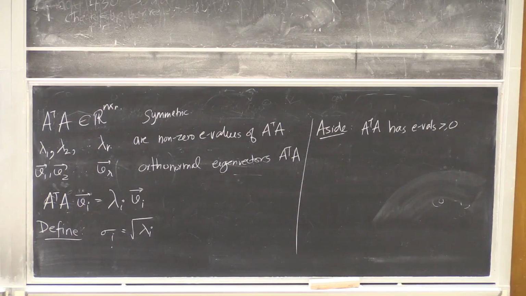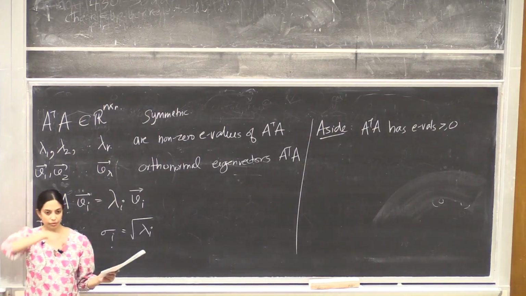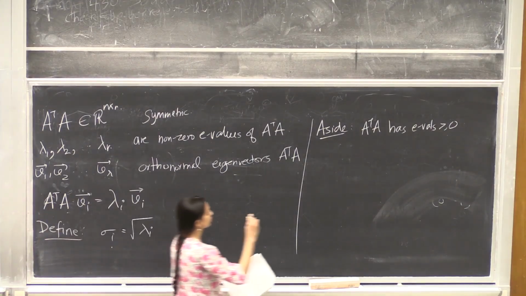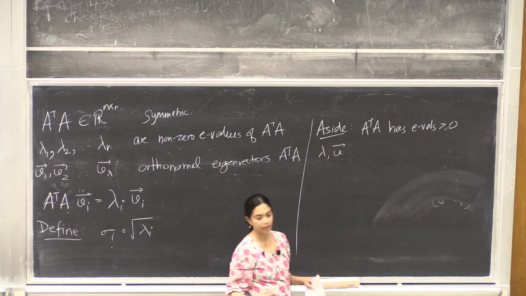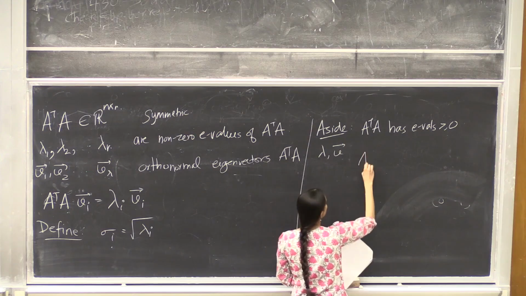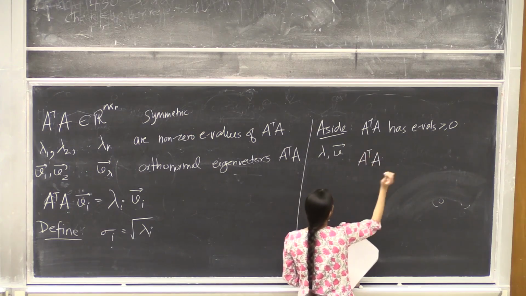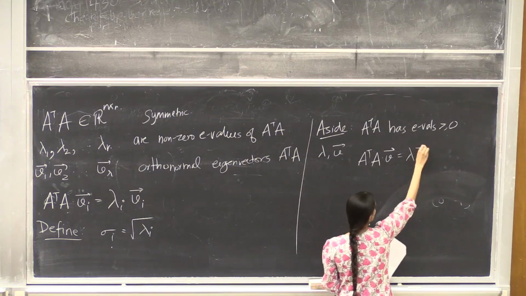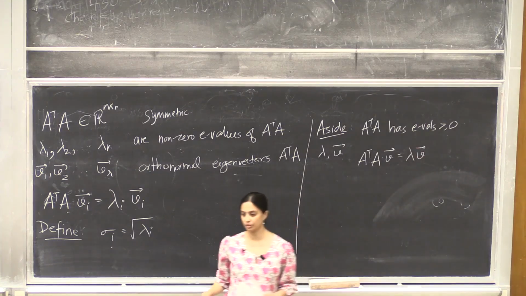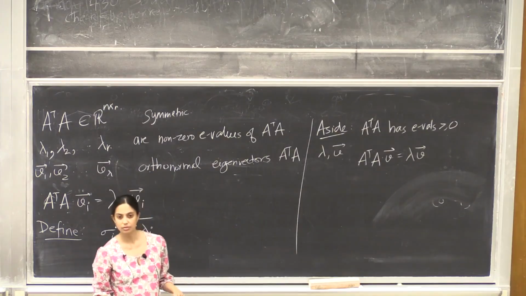Okay, so how do we do this? How do we show that? What is special about A transpose A? Let's say lambda comma V is an eigenpair, right? That means that I have A transpose A times V is equal to lambda V for some eigenvector, right? Yes? Okay.